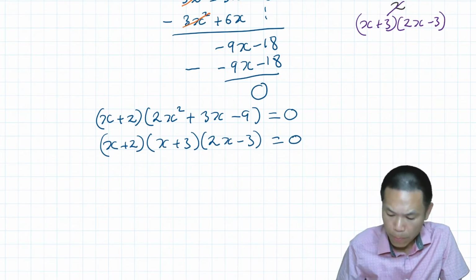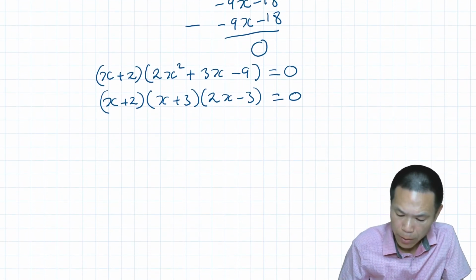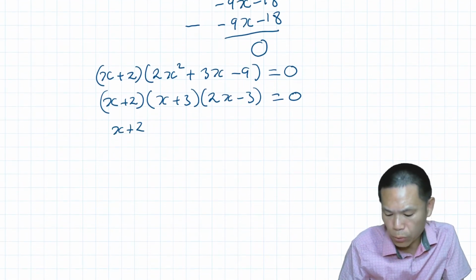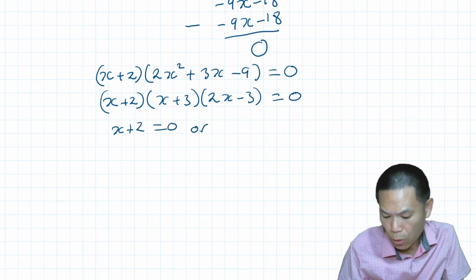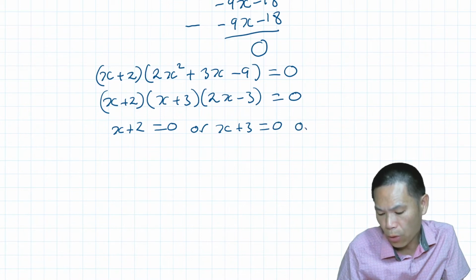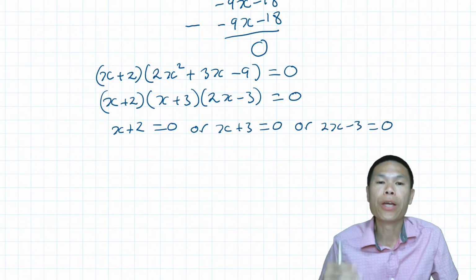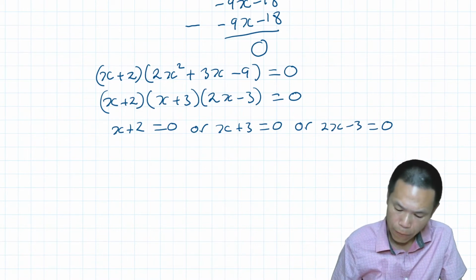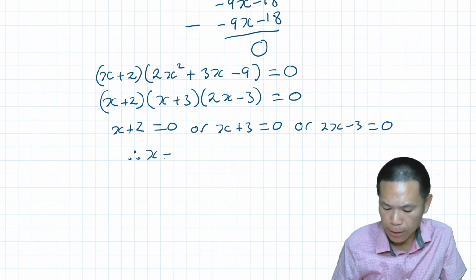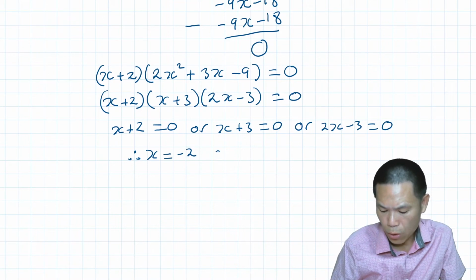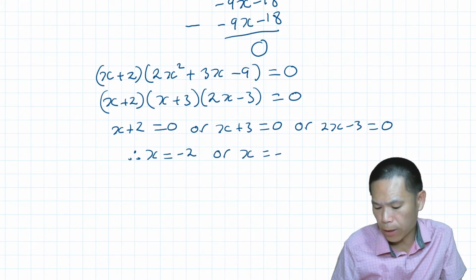So therefore, we can write out here x plus 2 equal to 0, or x plus 3 is equal to 0, or 2x minus 3 is equal to 0. Now we just solve it. So therefore, x is equal to negative 2 or x equal to negative 3.